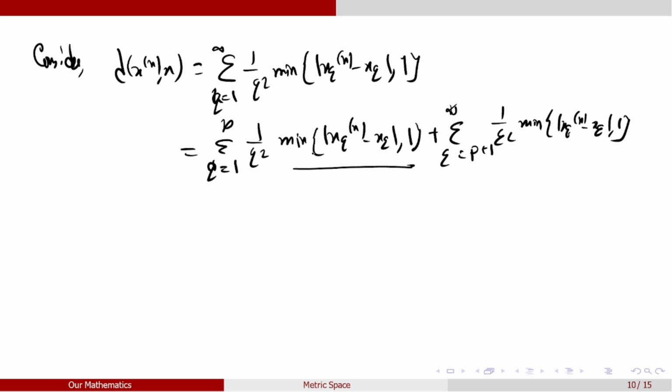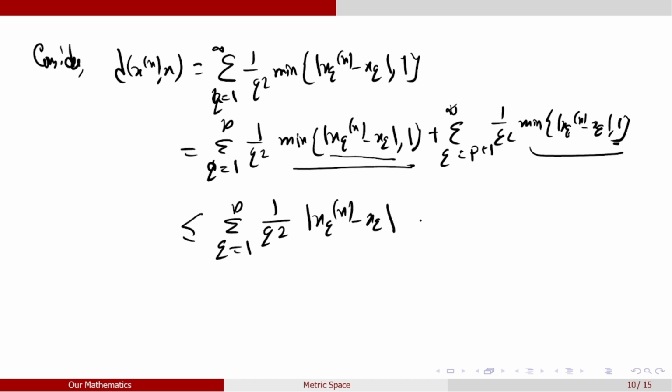We have to be clear here: xqn itself is a sequence, the qth sequence in xn, and xq is nothing but the qth term in x. For the first part we can take the minimum as less than or equal to xqn minus xq, and for the second part we can take the minimum as less than or equal to 1.